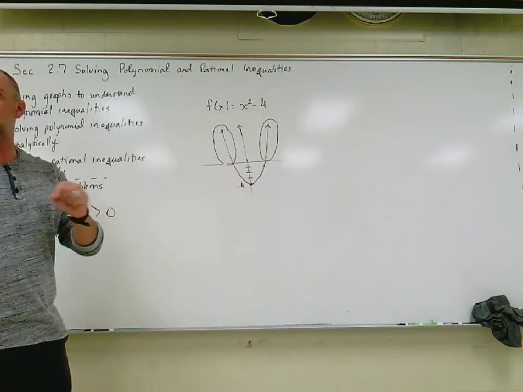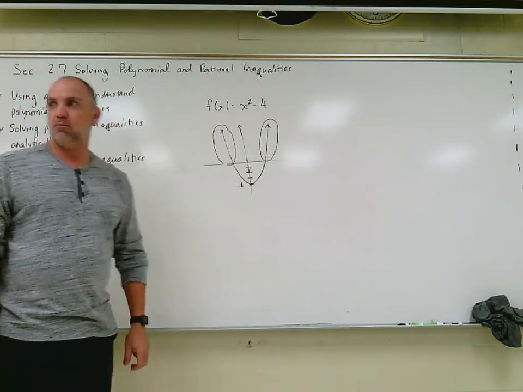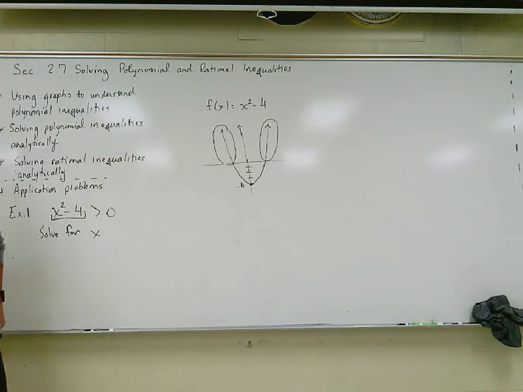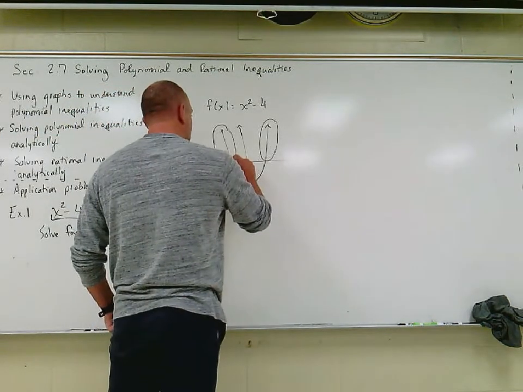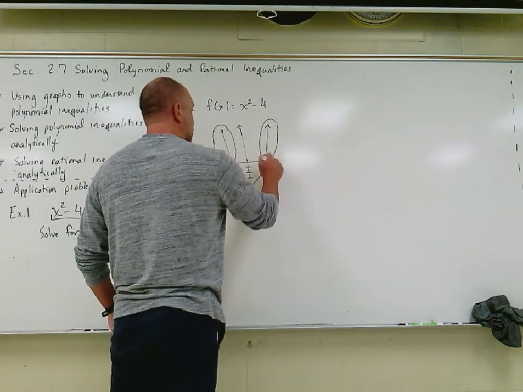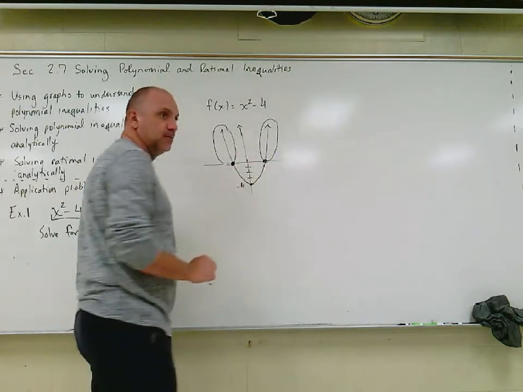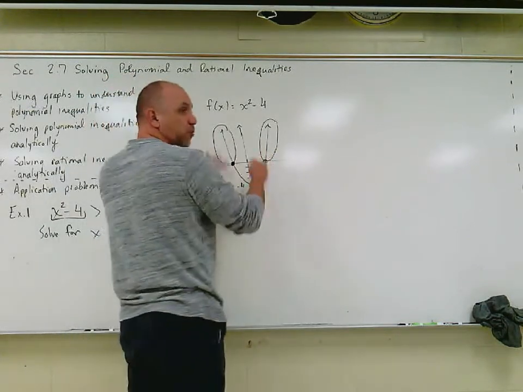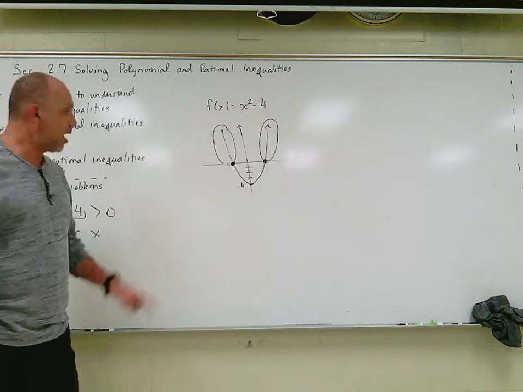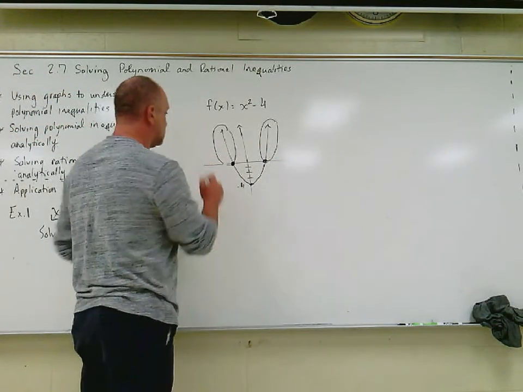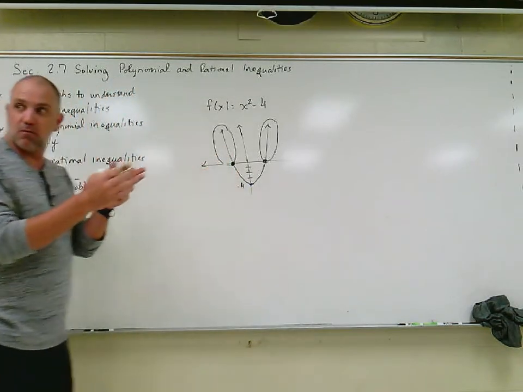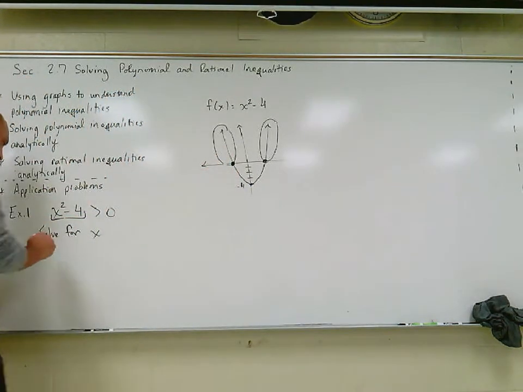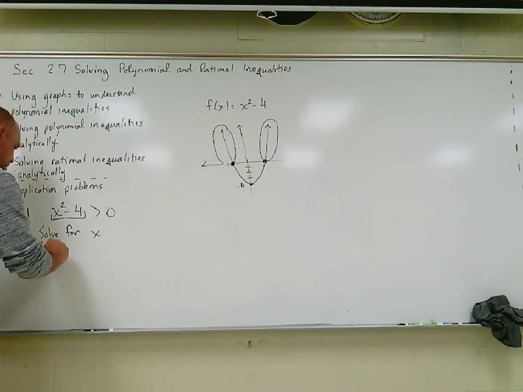What might be an important x that we would need? Yes, the x-intercept, because that's where the graph changes from below to above. So I can see that the graph is above the x-axis on this interval, and we're going to give our solution in interval notation.